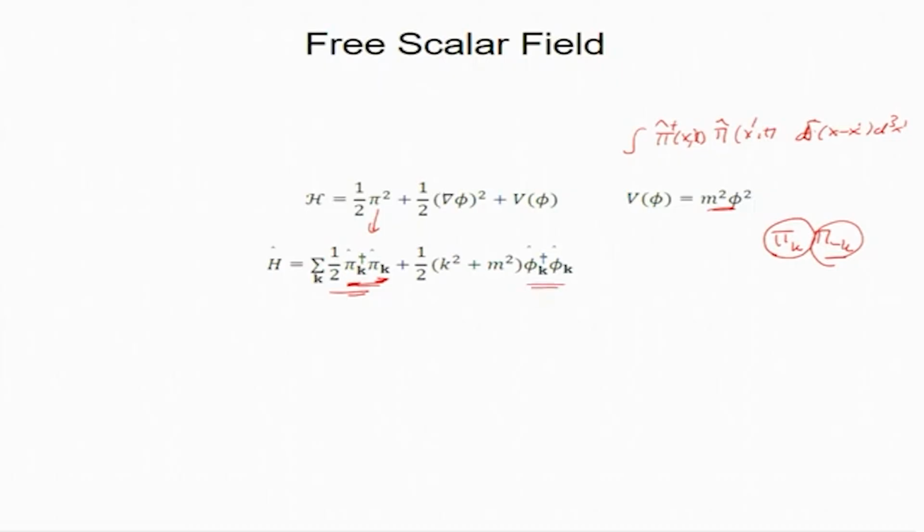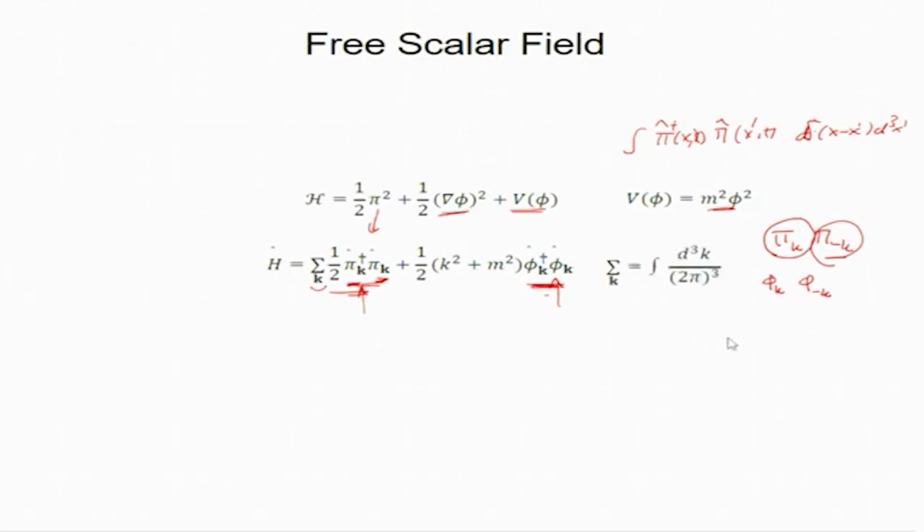And similarly, the sum is for both this one as well as that one, and this grad phi squared and the potential term will give you phi k dagger phi k. Earlier it was basically phi k phi of minus k, now this phi minus k is replaced by adjoint operators.